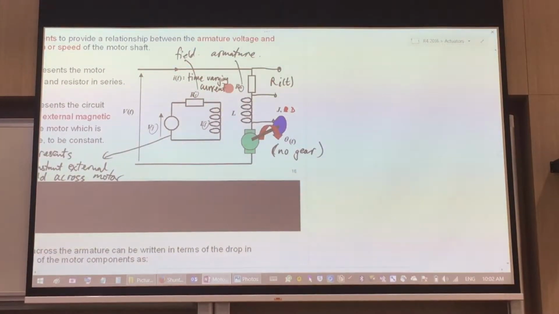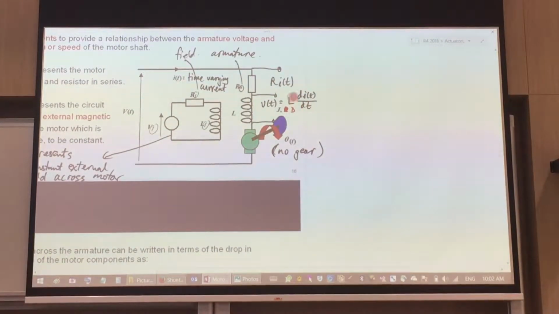Now, why time varying? Because this is providing your PWM signal that is time varying. It depends on each point of time what kind of power you have. So that's the voltage across this, and the voltage across an inductor, now I hope you remember, is equal to L, which is your inductance, times di/dt.